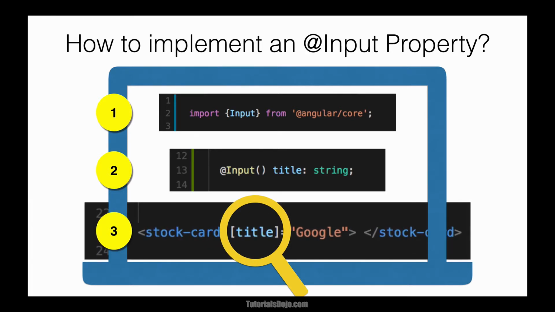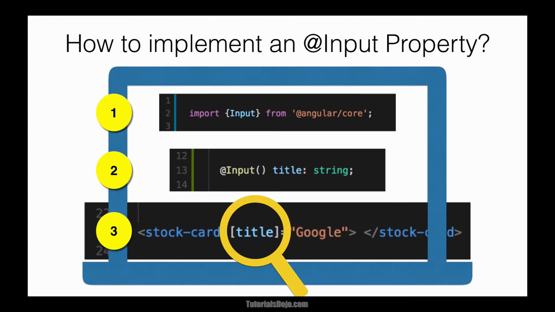To make it happen, you just have to add this title attribute and then wrap it in a square bracket as shown here, and then add the desired static value or a variable to the other side of the equation. Something like stock card title is equals to, let's say, Google, Apple, or whatever.